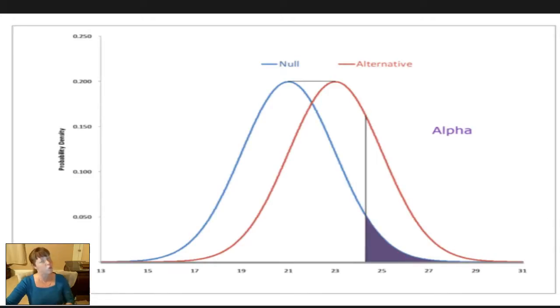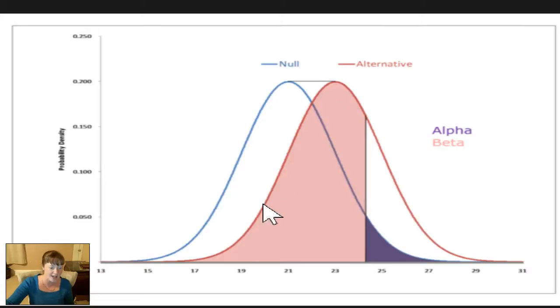But what if the alternative is true? What if the alternative is true? All right. Well, this area, this left-hand side of the alternative distribution is called beta. And if the alternative is true, this area here is the probability of not rejecting the null and being wrong.